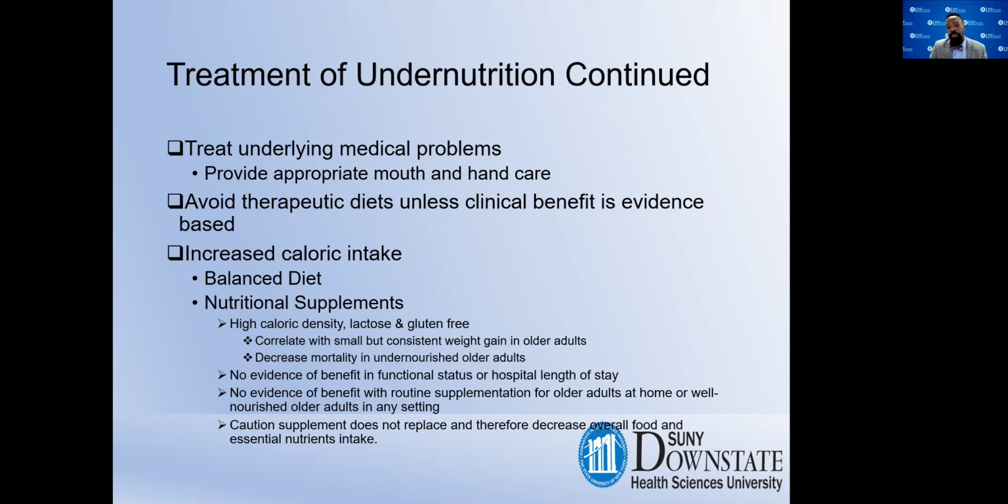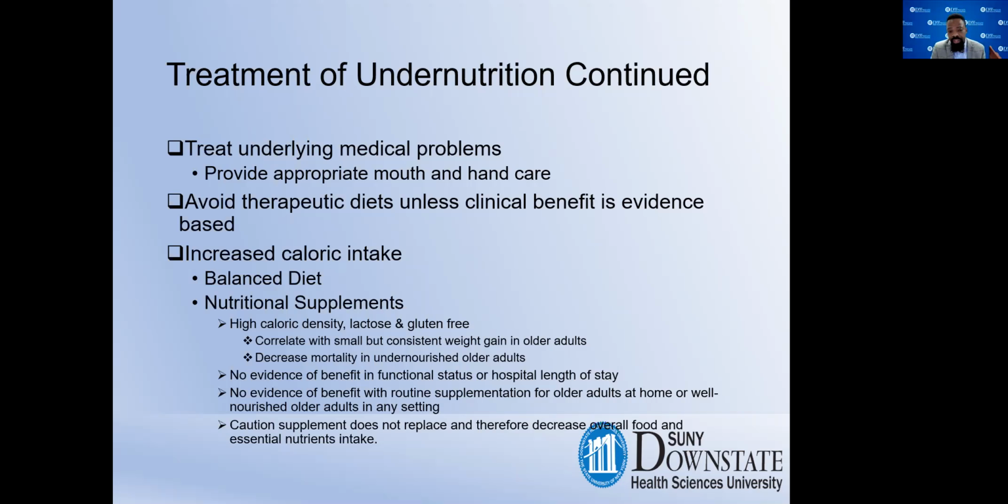Address the underlying problem. How do we treat undernutrition? If there's an underlying medical problem, treat the underlying problem, right? If there are issues with chewing, issues with the mouth, issues with dentition, someone has a cavity and a toothache, address that. Gingivitis, address that. Oral abscess, address that.